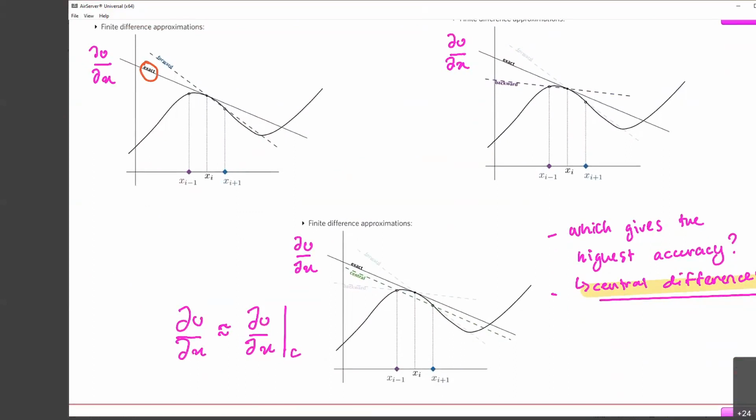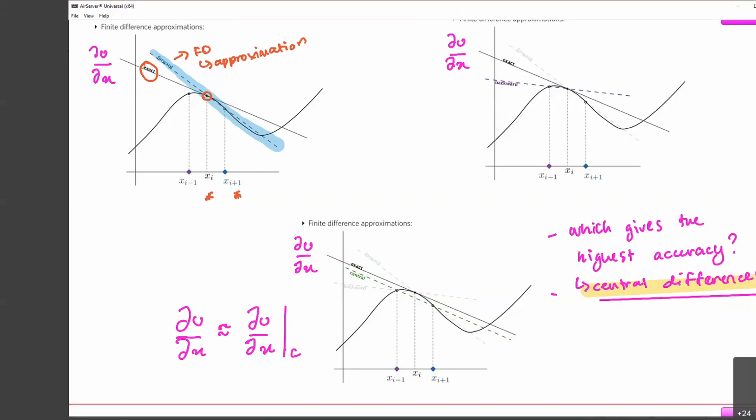But if you can see here, I'm going to use another color. This line here, the dotted line, refers to the forward difference method, which basically uses this value xi plus 1 and also xi. So these two, the approximate line, this is the forward difference line, which is basically for approximation.